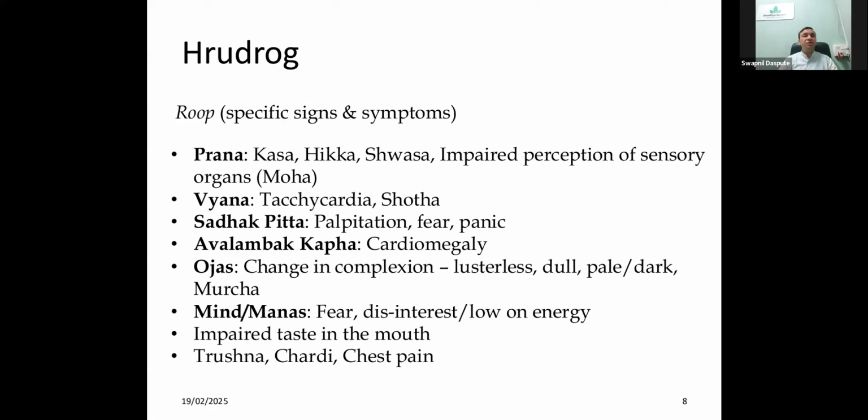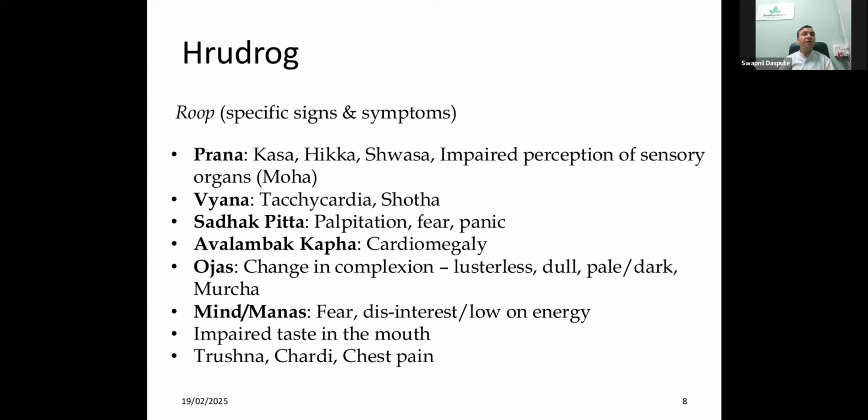So kasa, hikka, shwasa can be seen due to abnormality in the pranavayu. Impaired perception of sensory organs: one of the important functions of pranavayu is perception of the sensory organs. So the functioning of the sensory organs will be hampered because of the abnormality in pranavayu.